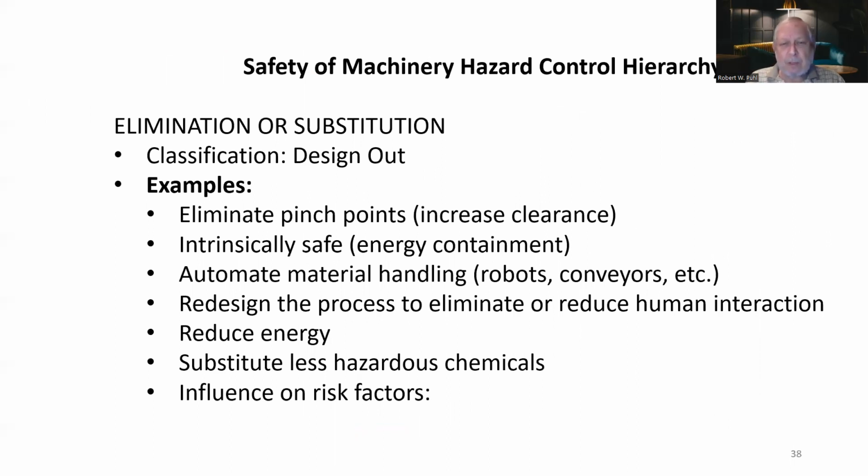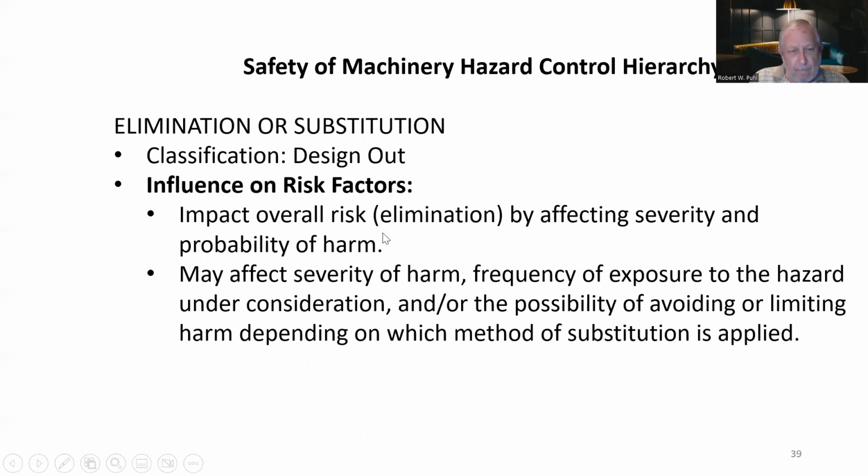Examples: eliminate pinch points, increase clearance, intrinsically safe, energy containment, automation, redesign the process to eliminate or reduce human interaction, reduce energy, substitute less hazardous chemicals. And then the influence on risk factors is impact overall risk elimination by affecting severity and probability of harm. It may affect severity of harm, frequency of exposure to the hazard under consideration, and or the possibility of avoiding or limiting harm, depending on which method or substitution is used.